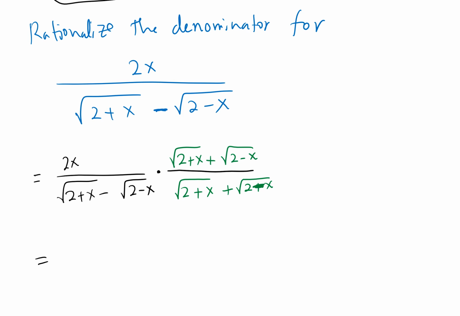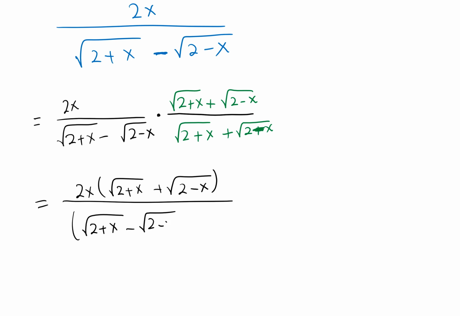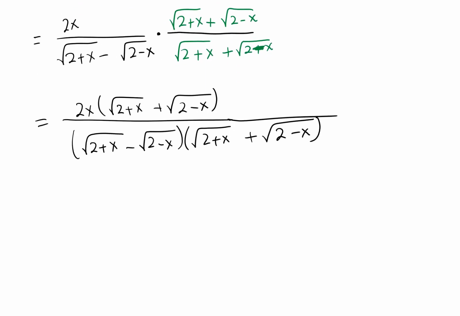Next step is to rewrite it as 2x times the whole thing, and the bottom one 2 plus x minus 2 minus x times 2 plus x plus 2 minus x. I rewrote it. So now I keep the top the same.